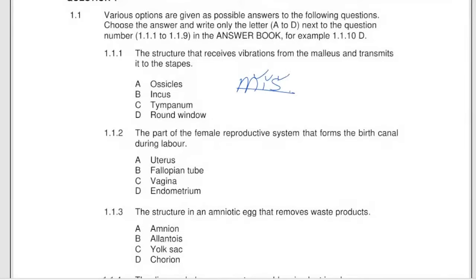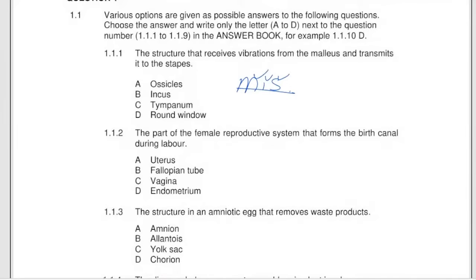So the options are A, malleus, B, incus, C, tympanic membrane or tympanum, and D, round window.